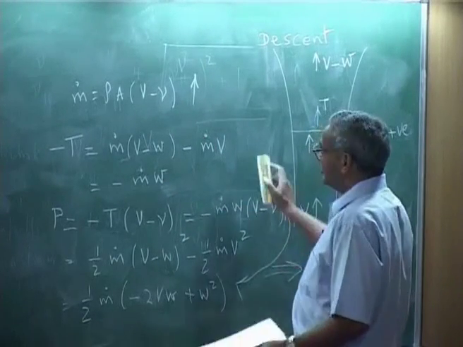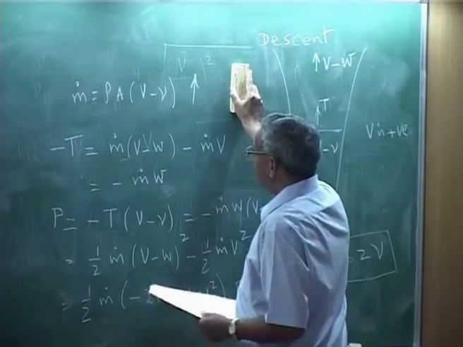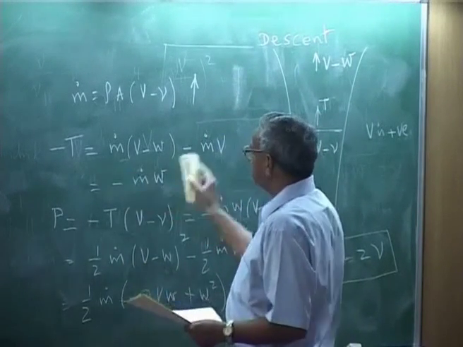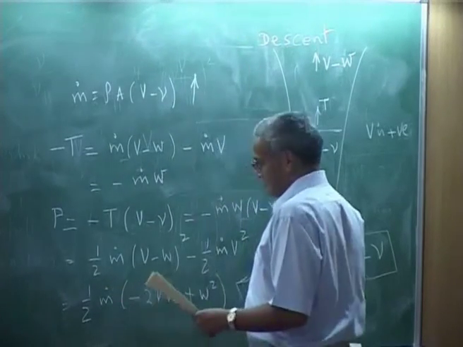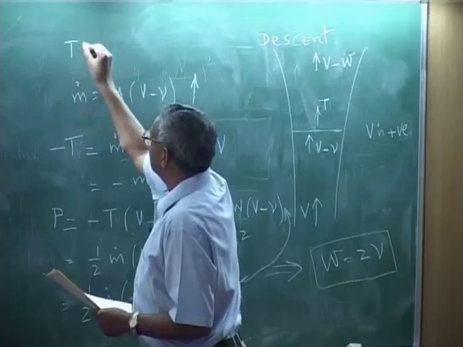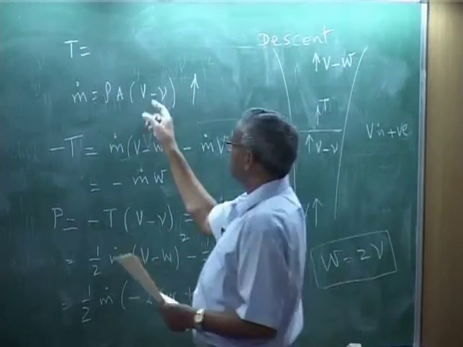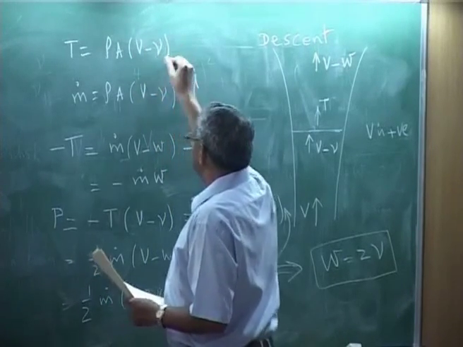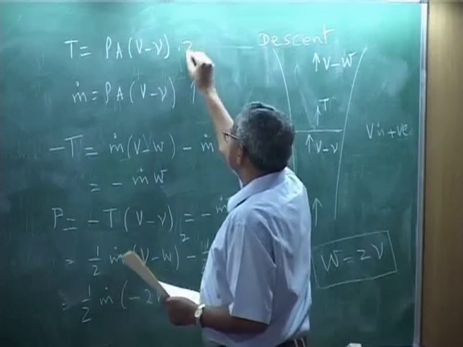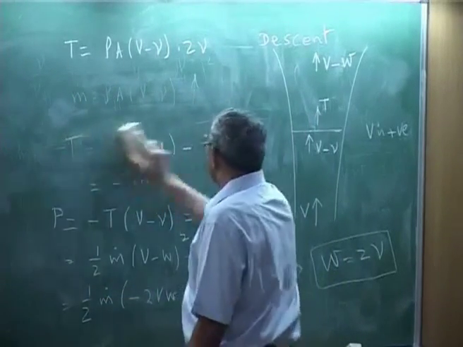So, let me write the thrust here. What is my T? My thrust is, from here, m dot W, where m dot is given here: rho A (V minus nu), W is 2 nu, into 2 nu. Okay. Now, I will erase all this part.